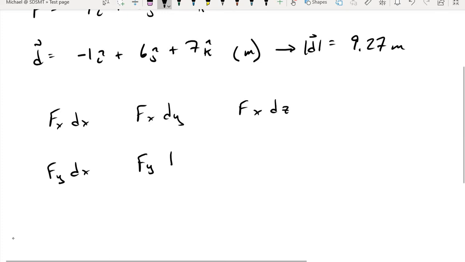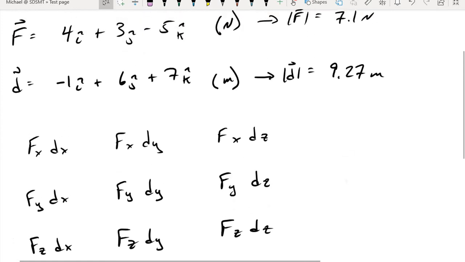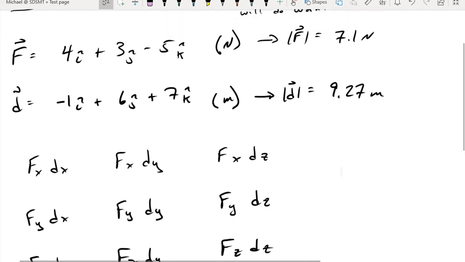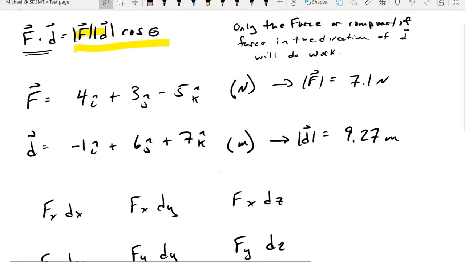We'll take a moment and write all these out. And we have the FZ component combinations. Okay, so these are the 9 possible combinations that we could see of force components and displacement components.